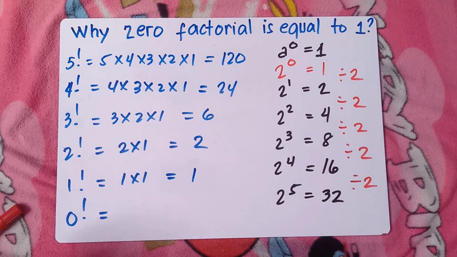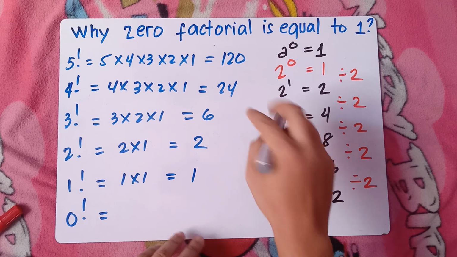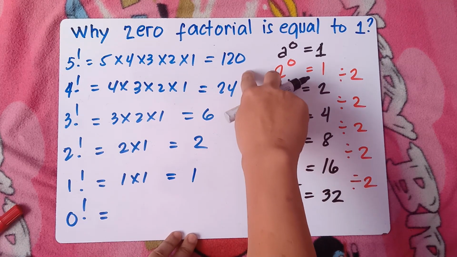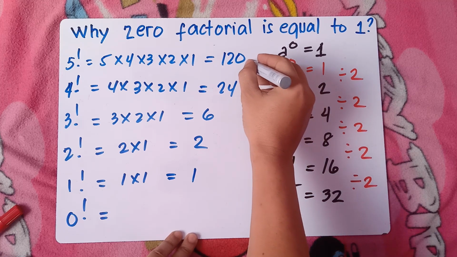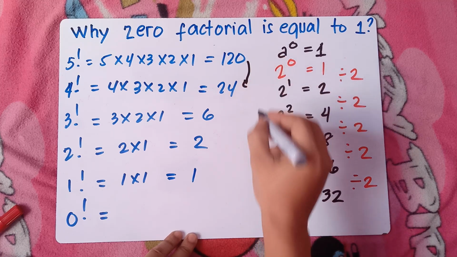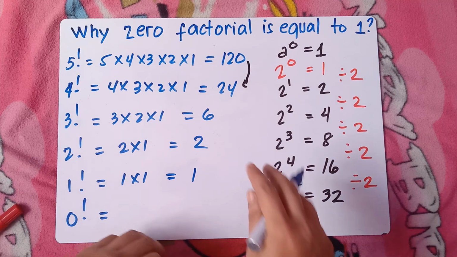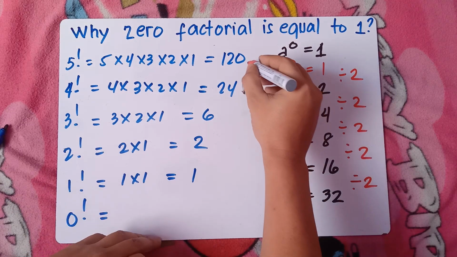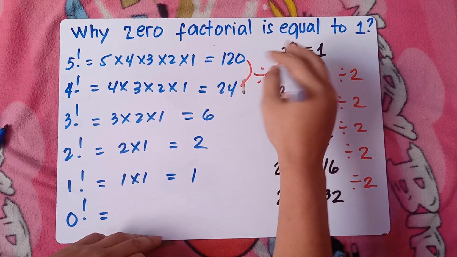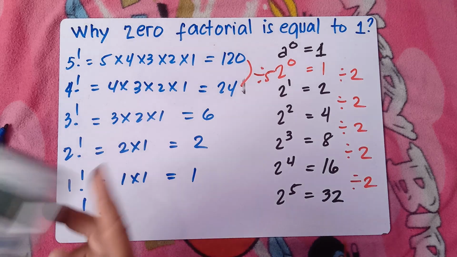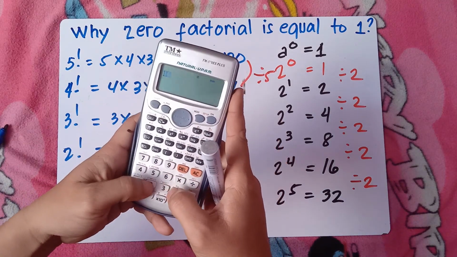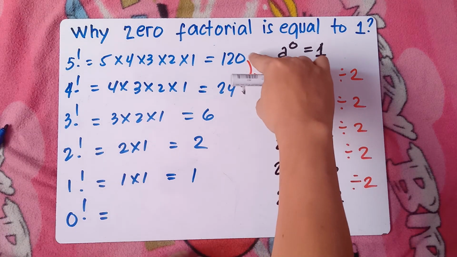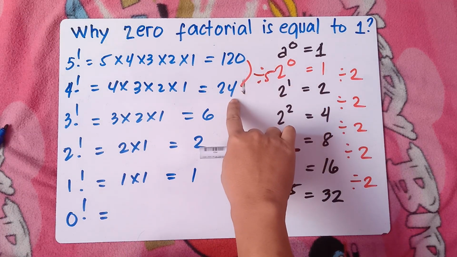Check if there's a pattern. What do we do to 120 so that we get 24? If you divide 120 by 5, let's use the calculator. 120 divided by 5, you get 24.